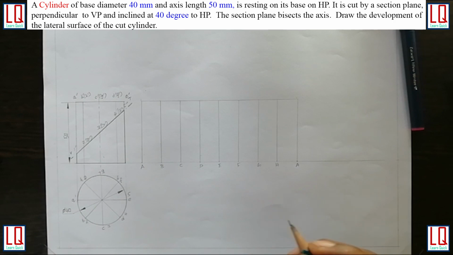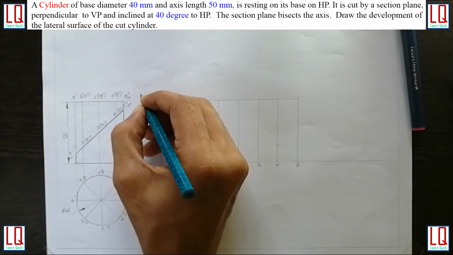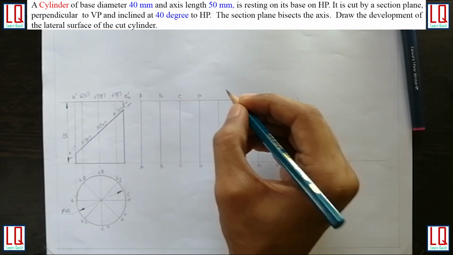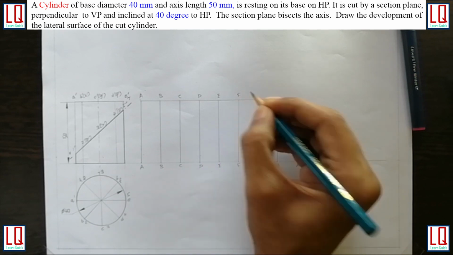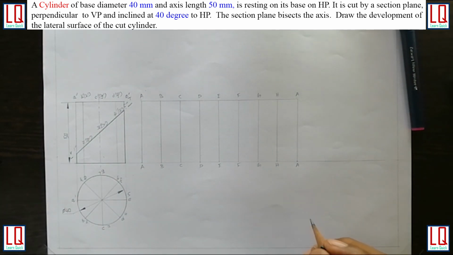Okay, so these two are similar points. Similarly you can carry over the same letters in the top circle: A, B, C, D, E, F, G, H, and then A.